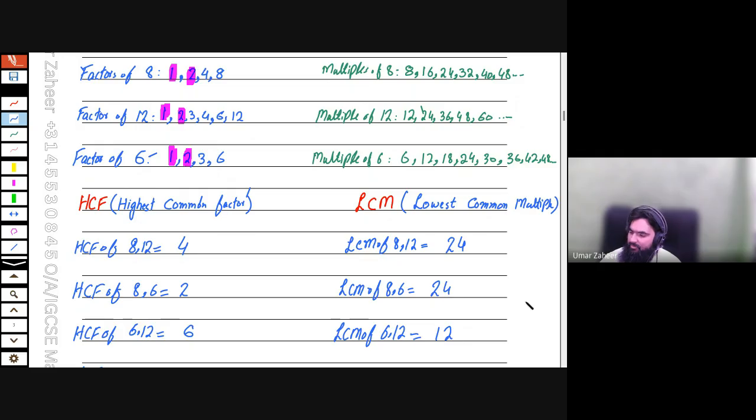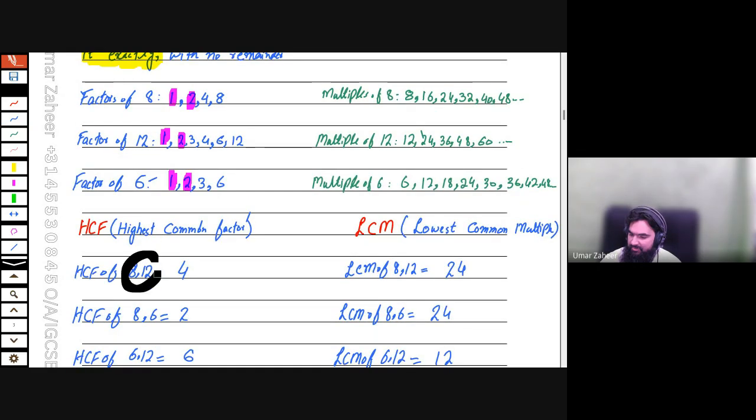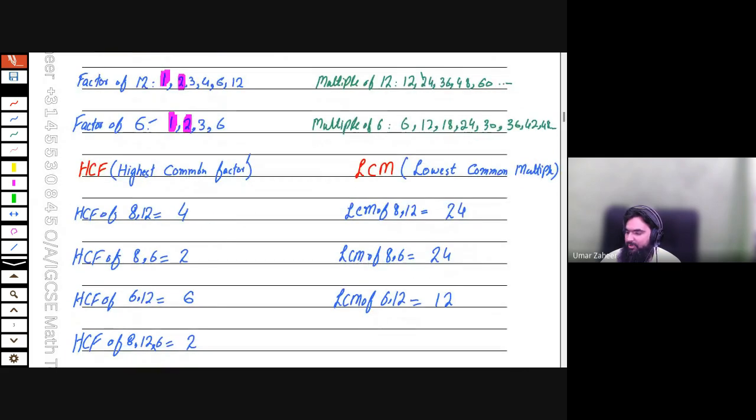If you look carefully, we have numbers and we get the factors. The factor is always less than or at maximum equal to the number. But if you talk about the LCM, the LCM is mostly a bigger number, or at minimum equal to the bigger number.